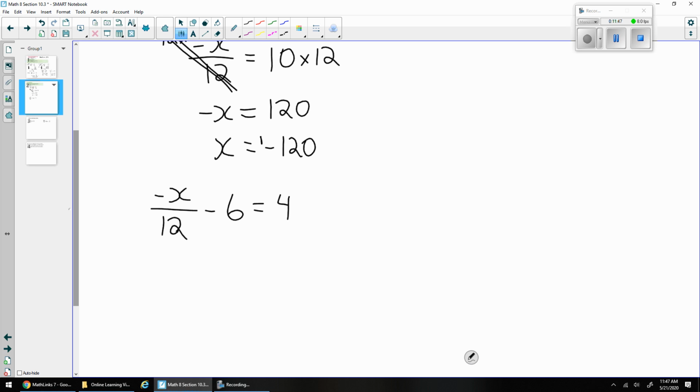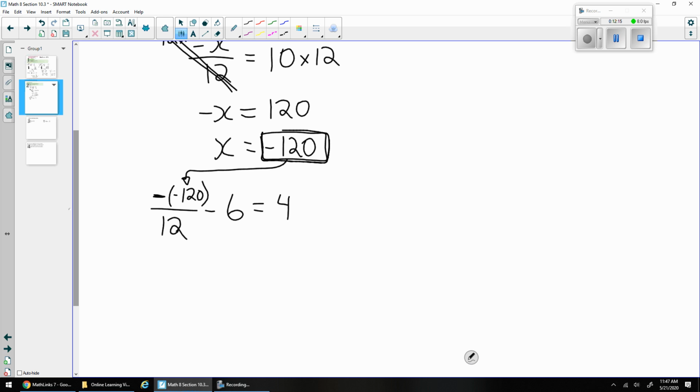So I have to take negative 120, which is what x is equal to, and put that in for x. But remember, there's this negative sign here. So when I put that in for x, I'm actually going to have negative negative 120. Okay? So x is negative 120. There is this negative sign that is just part of the equation, that isn't part of my solution.